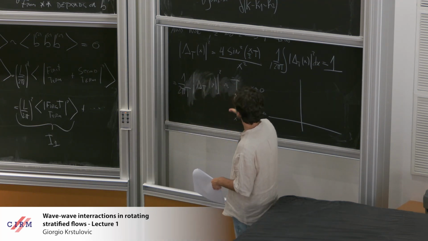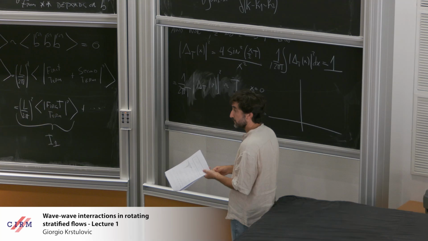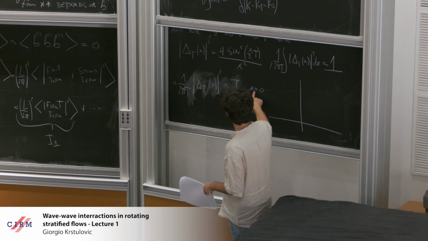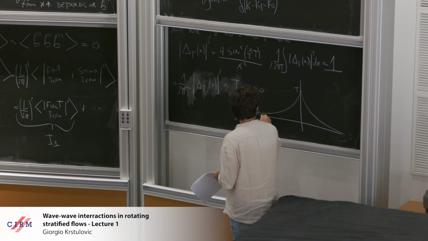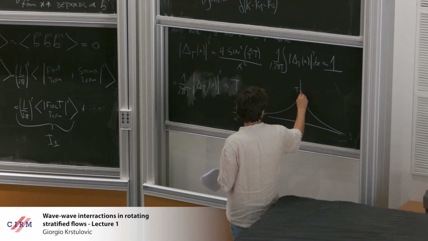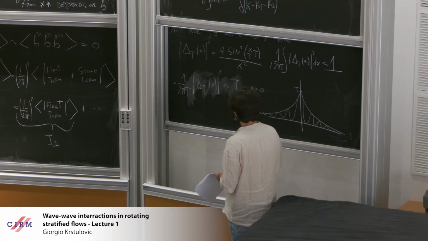So you can start saying that this is a kind of approximation of the delta. At x equal to 0, it is t, and it goes like 1 over x squared. This is the envelope, okay? This is for one t.